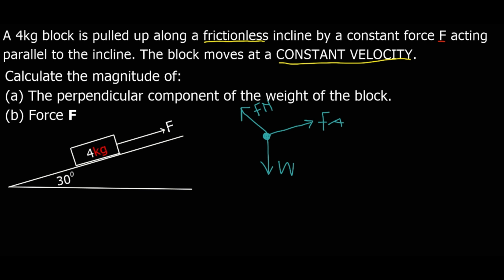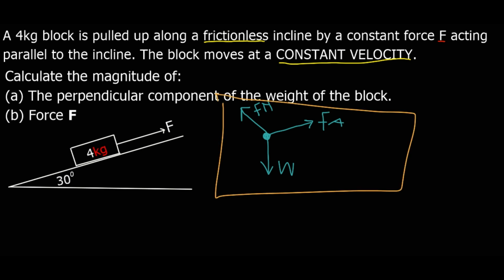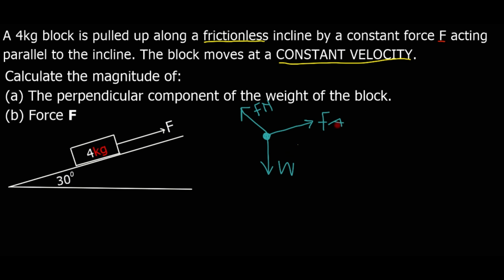So we draw the free body diagram in this way. I won't add FG parallel for now, because this object is being pulled upwards. So this is our free body diagram.